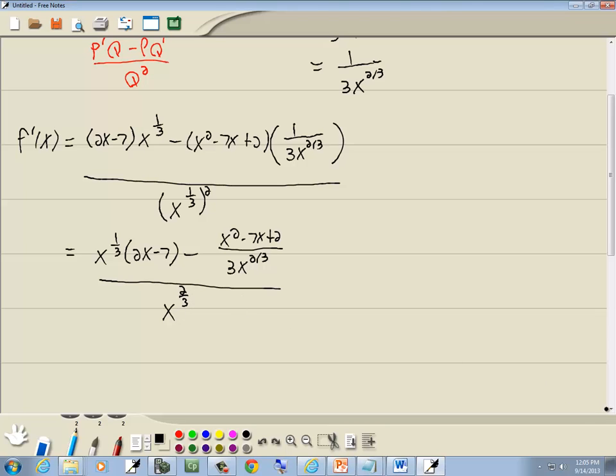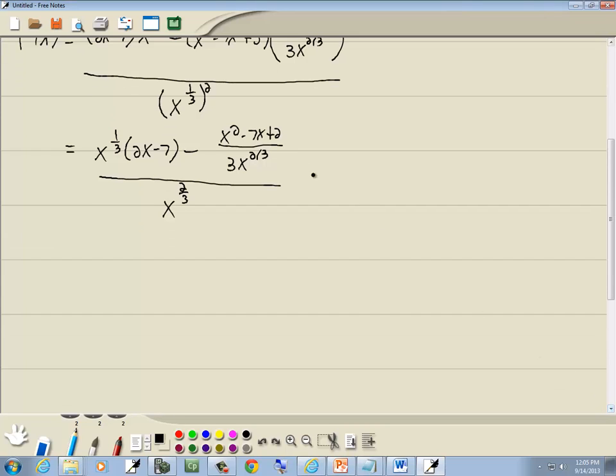Okay, now to simplify this, we got a complex fraction. Specifically, it's a complex rational expression, but a complex fraction. We got a fraction inside of a fraction. The easiest way to get rid of a complex fraction is to multiply everything by the LCM of all your inner denominators. When I say inner denominator, we got this fraction right here inside of the other one.